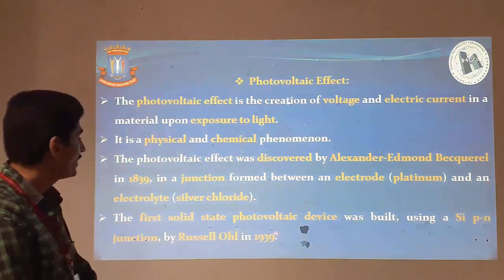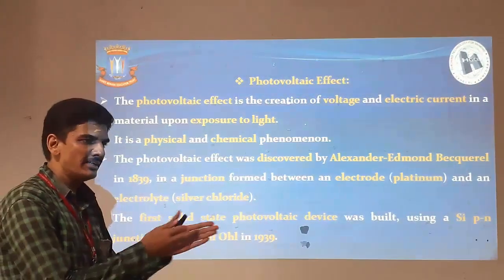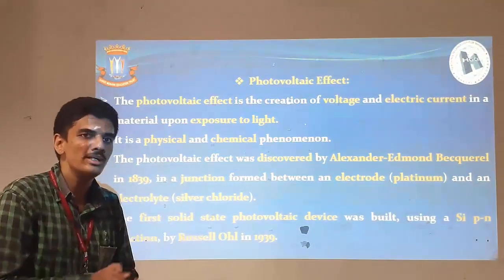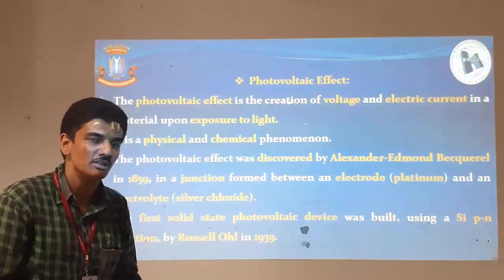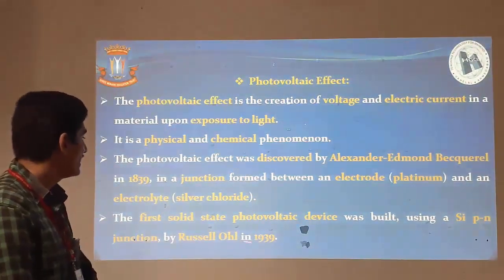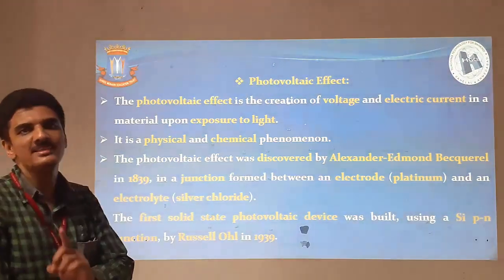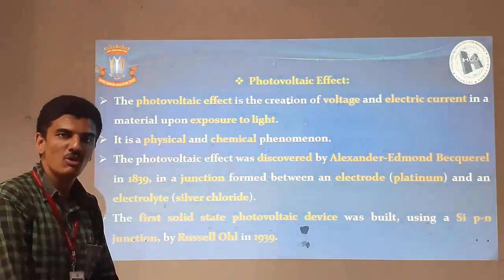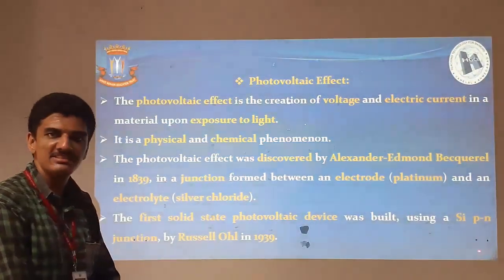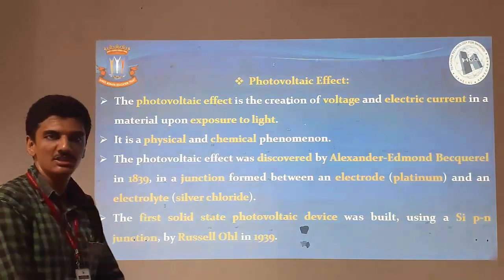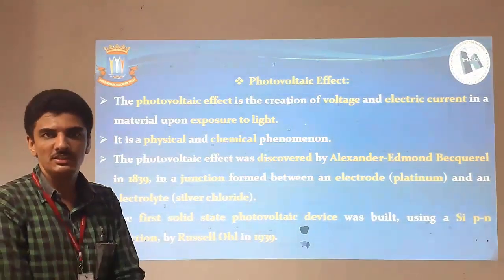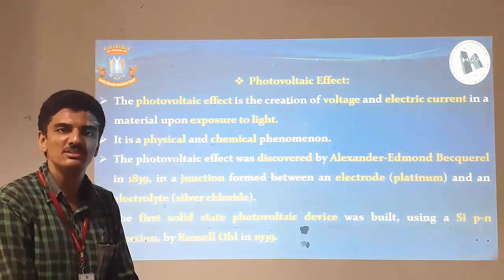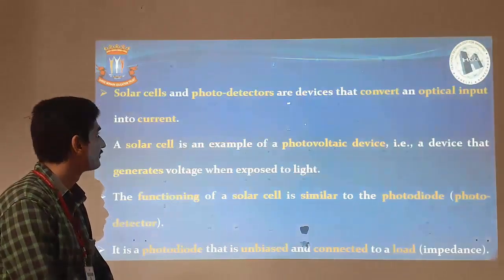The photovoltaic effect was already discovered, but the actual usage of it in a real life application, the first solid state photovoltaic device, was made by Russell Ohl in 1939, exactly after a century. This was formed using silicon, a semiconductor p-n junction. A p-n junction is a combination of positive and negative terminals, that is, of holes and electrons respectively.